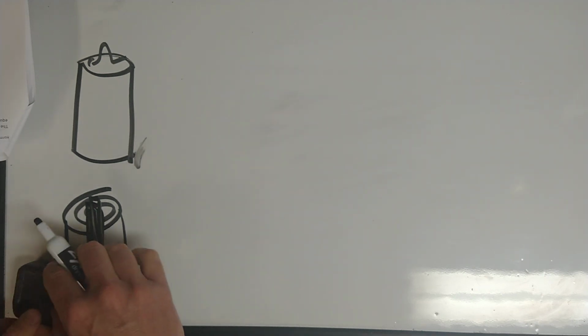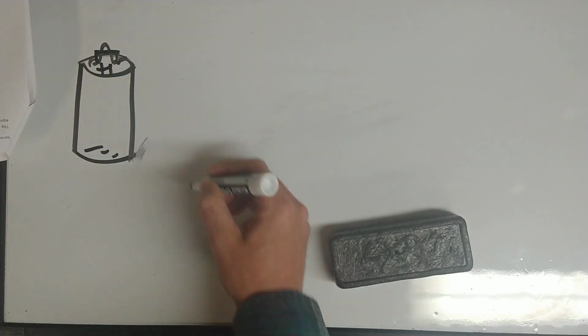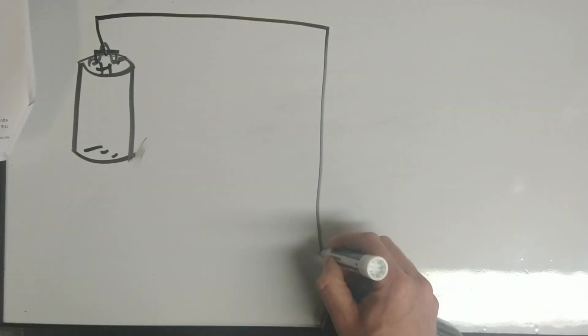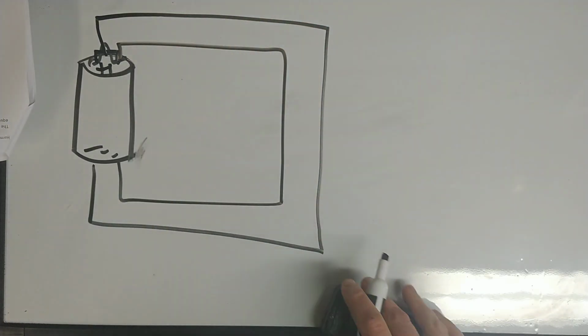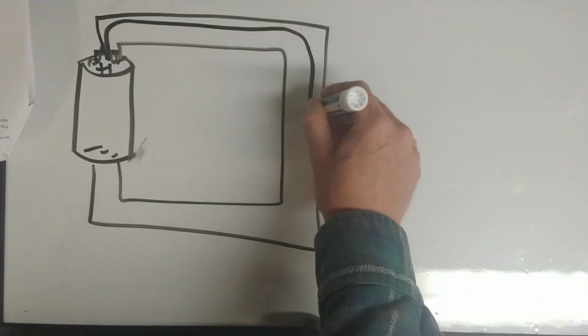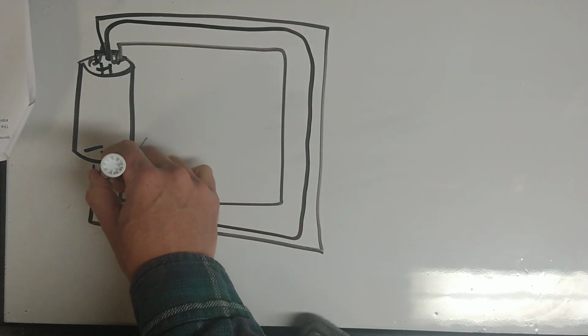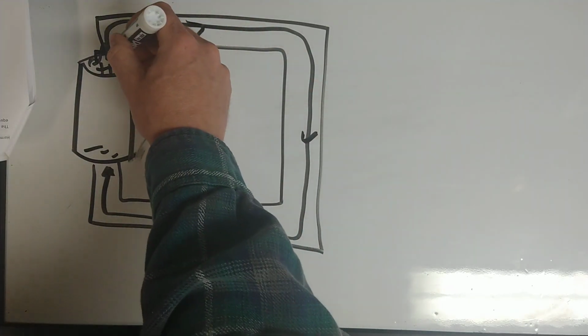And anyway, a battery has a positive side and a negative side. So when we attach a wire across a battery, right? Say this is a wire, I'm making it big. What happens in that wire is an electric field sets up. All right, so let's say this line is the electric field.